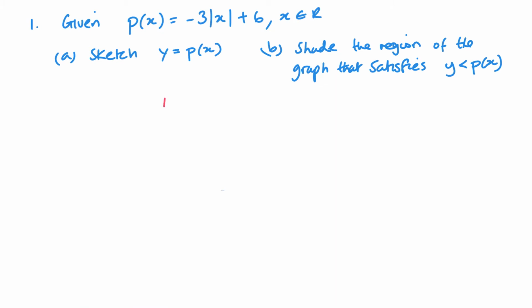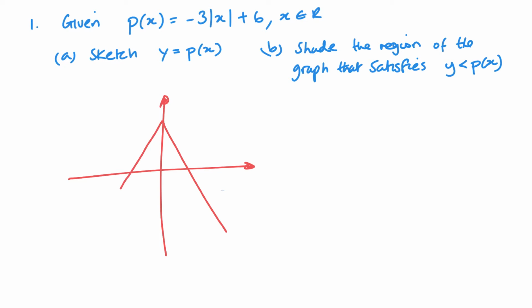Okay, let's look at part A. Quick little sketch. Minus 3x plus 6, you know it's going to go through the 6. Minus 3x, so on this side of the graph it's going to look something like this. And then the modulus sign just means that what would have carried on up is now reflected.